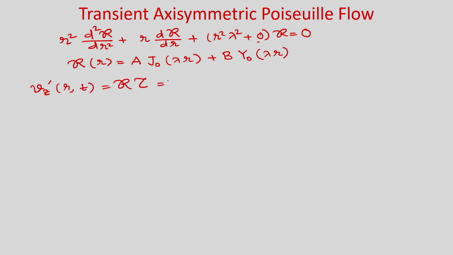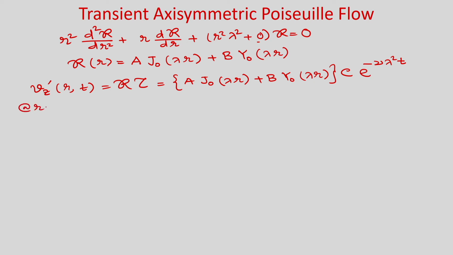So, this will be a J0 lambda r plus b Y0 lambda r, into c e to the power minus nu lambda square t. Now let us find the constants applying the boundary conditions.